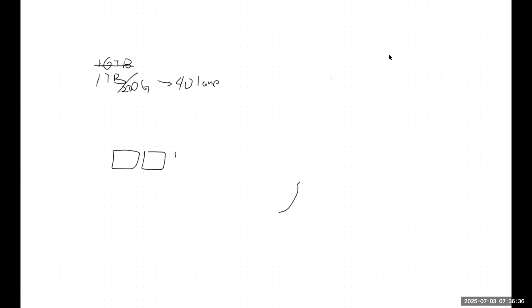You likely are not going to have 40 little lanes here. You're probably going to have something like x8 or x16, right? So some of them have to be grouped together.